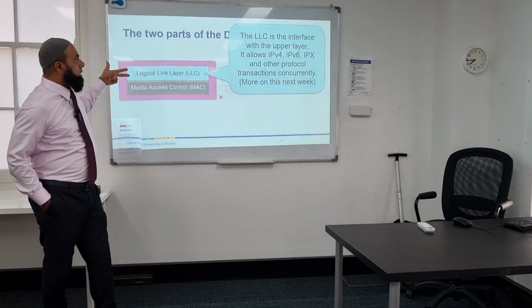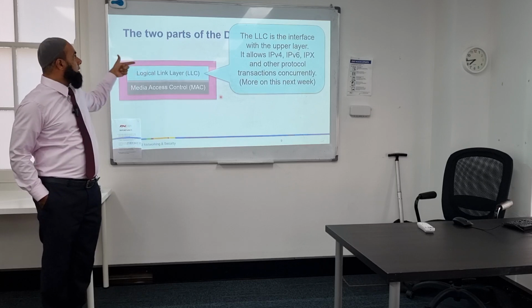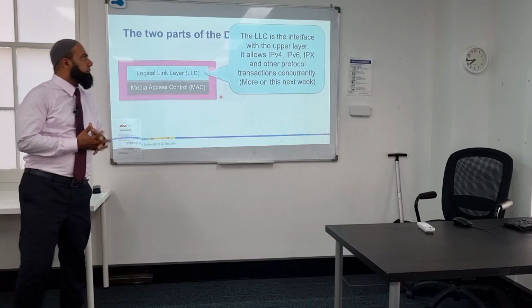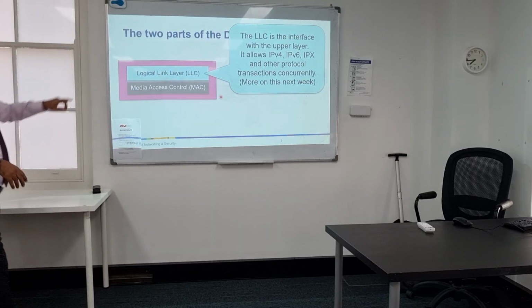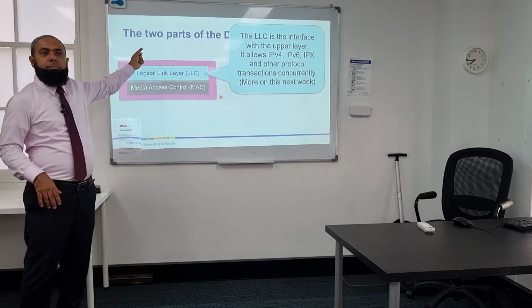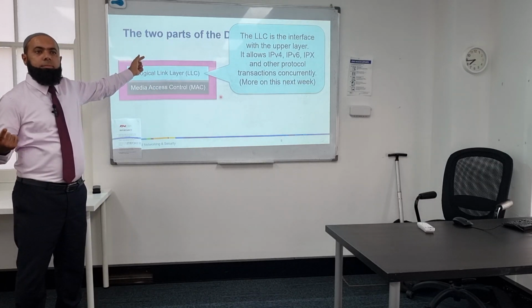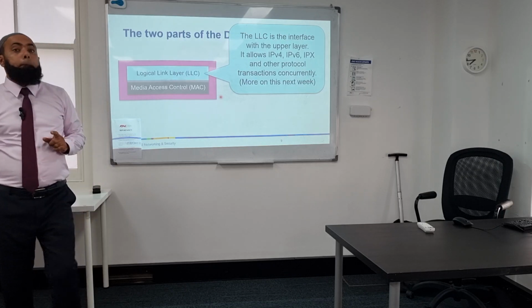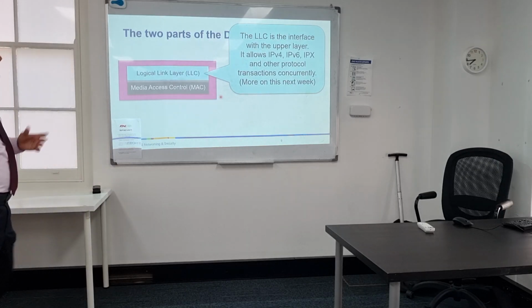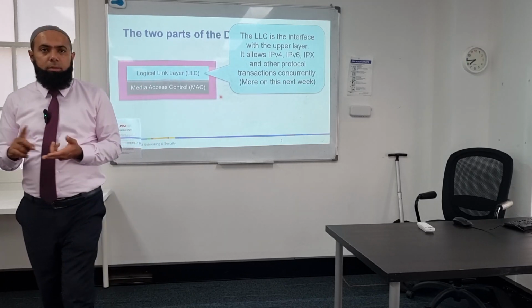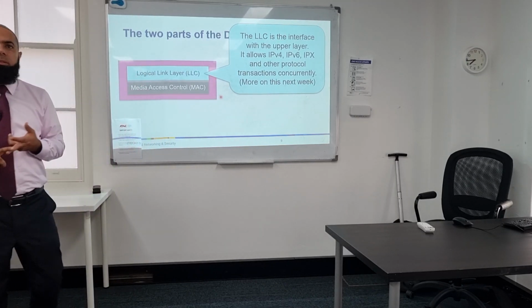So these are the two important parts of the data link layer, and we are discussing how they relate. LLC is the interface with the upper layer, which is the networking layer. And the bottom one is the physical layer, which we already discussed: fiber, Wi-Fi, cable, satellite.